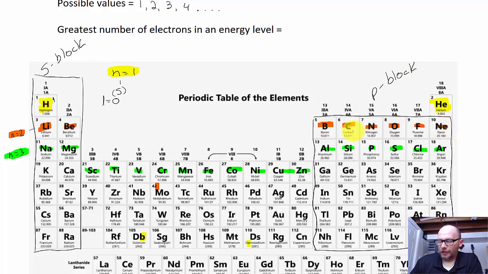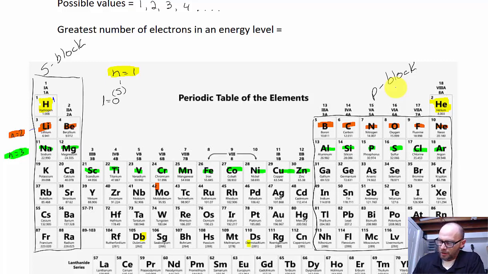What that means is that each of these elements has its outermost electron in a p-shaped orbital. We have 1, 2, 3, 4, 5, 6 elements across the p block. That means that there are 6 electrons that can fit in p orbitals of any energy level, of any principal quantum number.